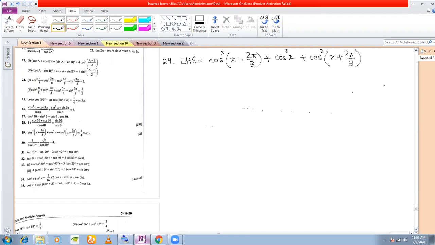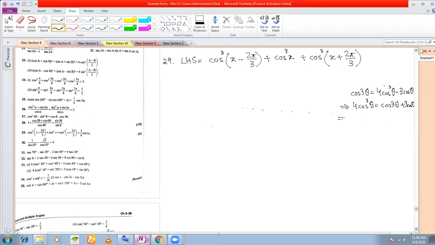Cos 3 theta is equal to 4 cos cube theta minus 3 cos theta. Okay, this is the triple angle formula. So from here, what are you getting? What is the value of cos cube theta? 4 cos cube theta is cos 3 theta plus 3 cos theta.